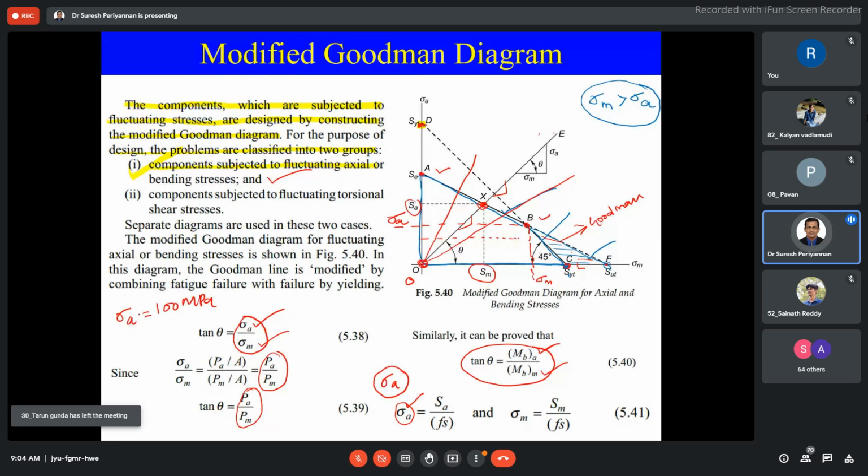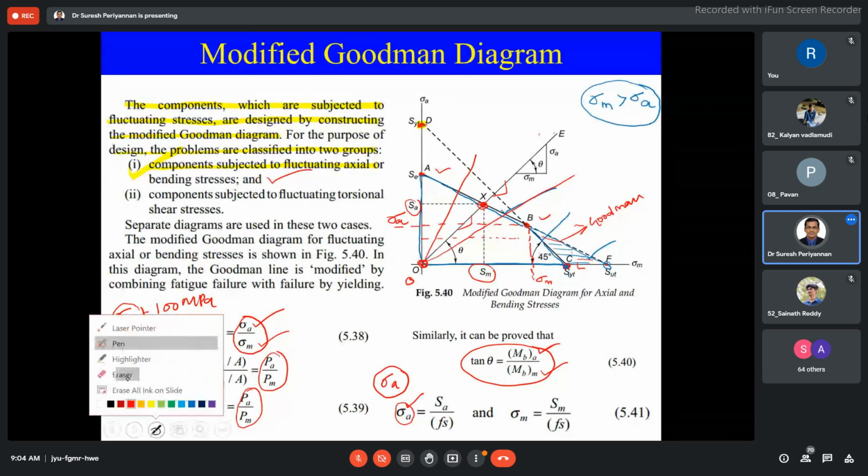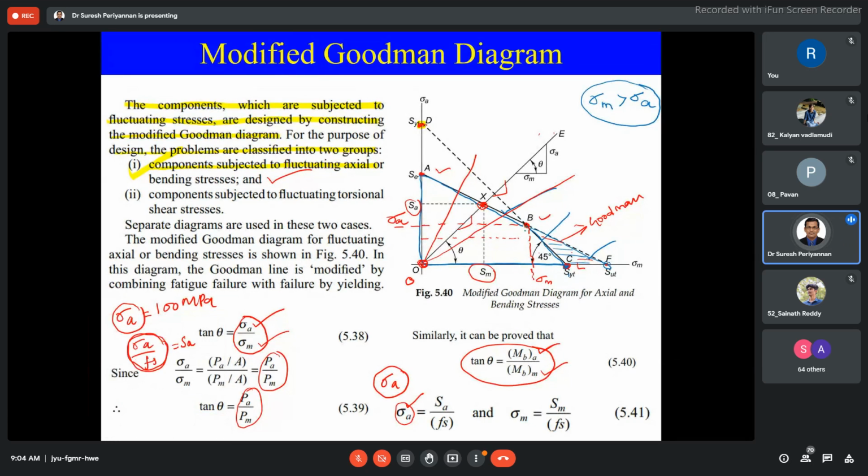Now if I use a factor of safety, sigma A divided by FS, I consider this as the other notation SA. Now my component is still under this line region only. I don't want to go beyond this line. That is what I would like to restrict, my sigma M and sigma A.